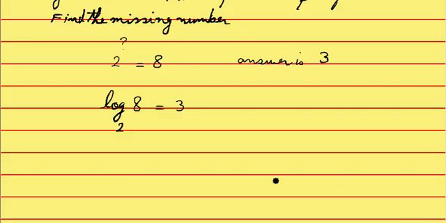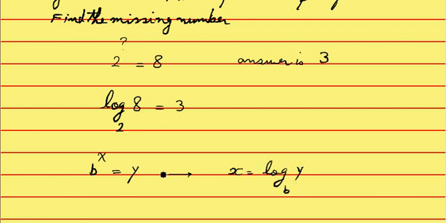So when we say, for example, b to the power of x is equal to y, another way of writing the same thing is to say x is equal to logarithm of y in base b.